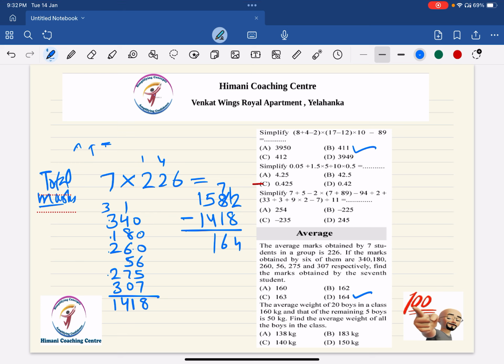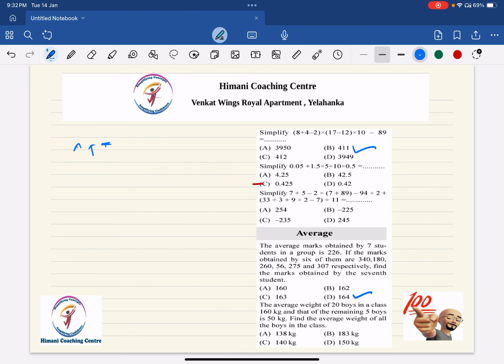Okay, students, now let us do the last question for today's video. The question is, the average weight of 20 boys in a class is 160 kg and that of the remaining 5 boys is 50 kg. Find the average weight of all the boys in the class.